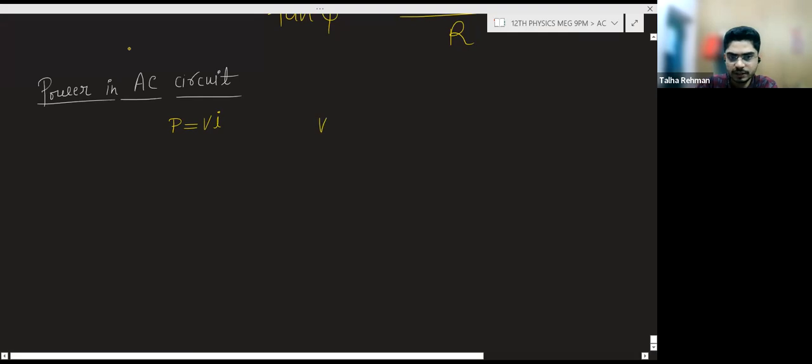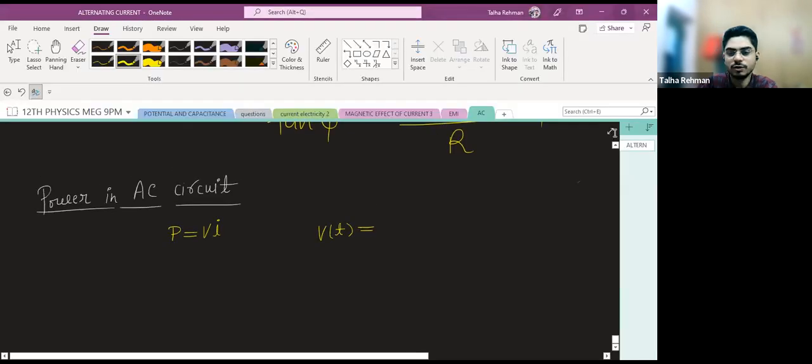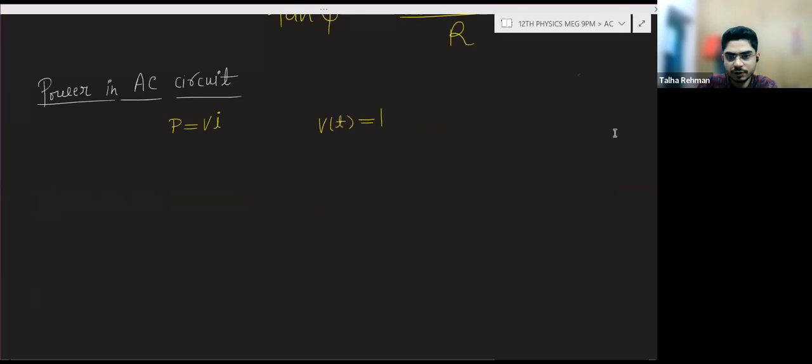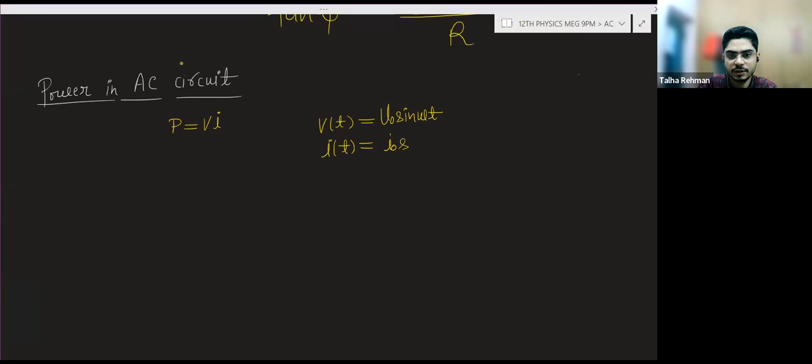So suppose the voltage in the circuit at any time is V(t) equal to V naught sine omega t, and the current in the circuit at any time is I equal to I naught sine (omega t plus phi).